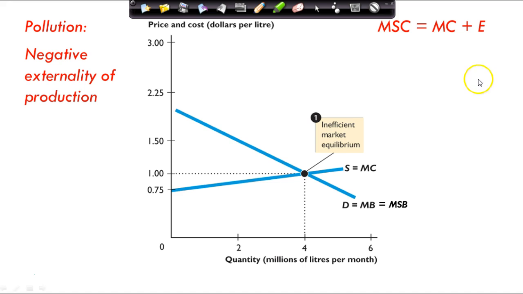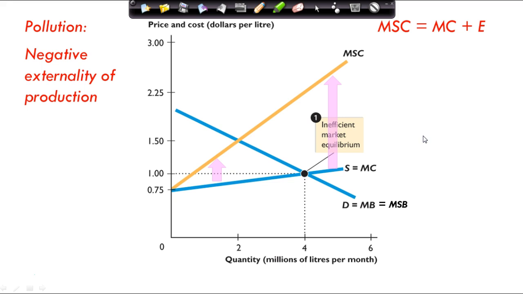So we have to add, on top of the marginal private costs, the negative externalities. Now let's say the negative externalities get larger and larger as more and more output is produced. So our marginal social cost curve will slope upwards, will have a steeper slope than the marginal private cost curve.